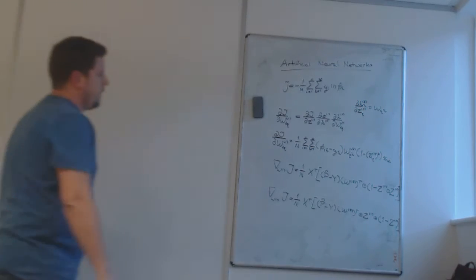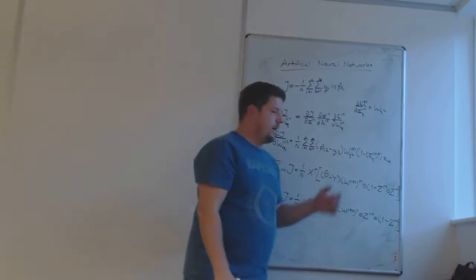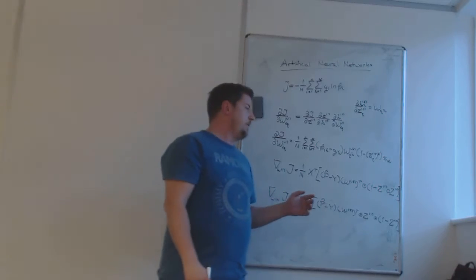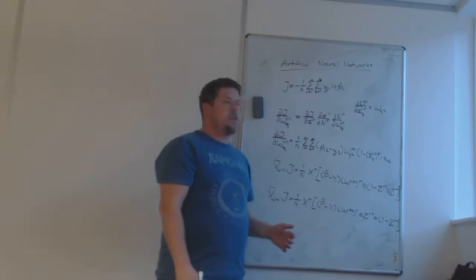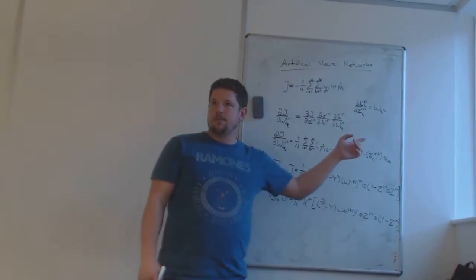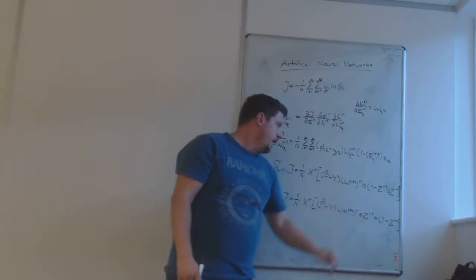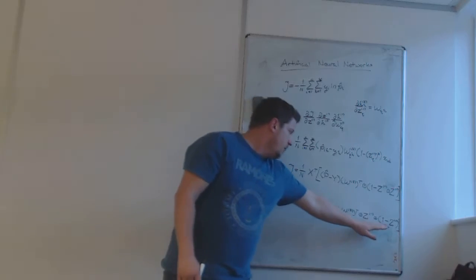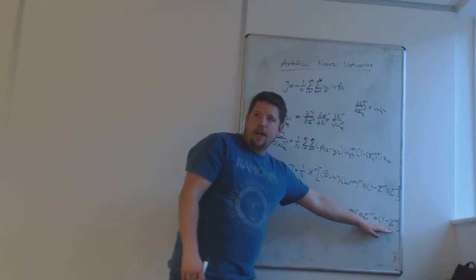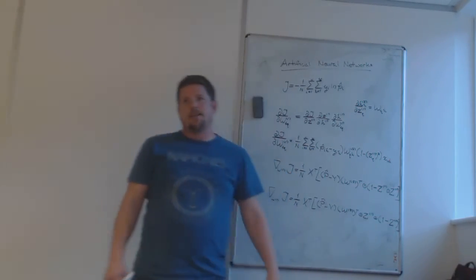So if you want to switch up your activation function, that's fine. All you have to do is, one, literally switch out the activation function in your feed forward function, the one that actually calculates your inputs into outputs. And then replace this part, which has your activation derivative, with the appropriate activation derivative.